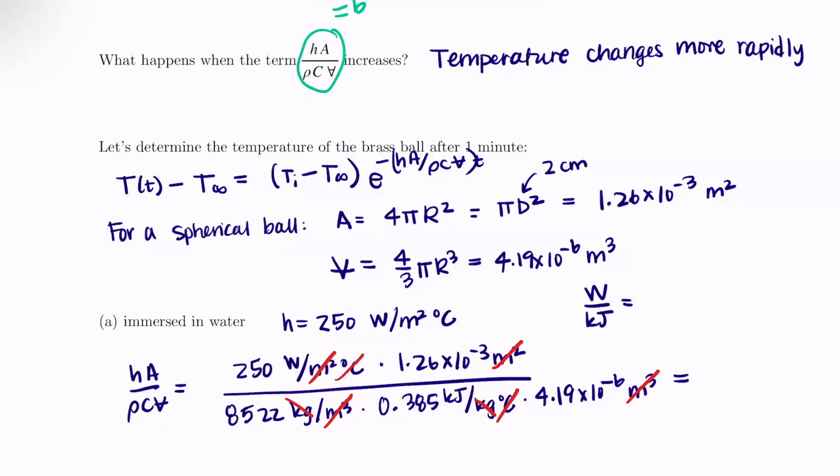But if you remember, a watt is a kilojoule per second, so this is units of 1 over s. So we get 0.023 per second.